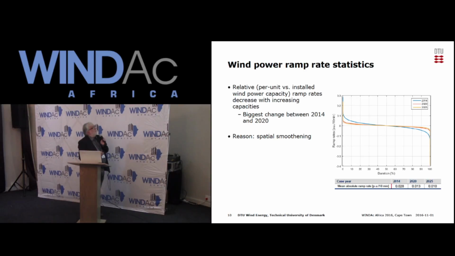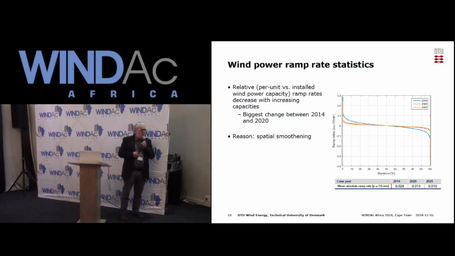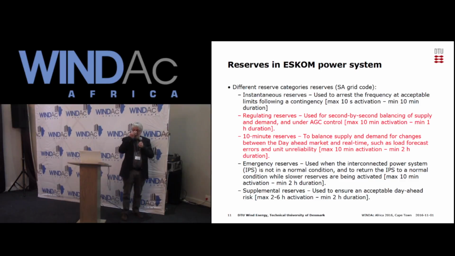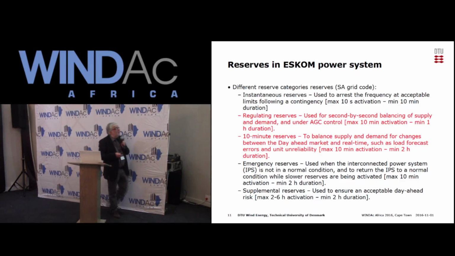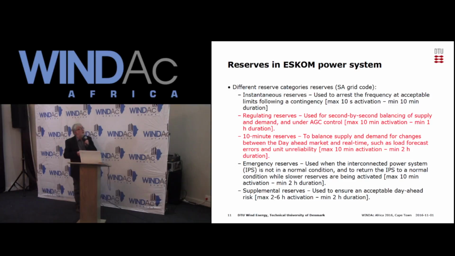So now we wanted to have a look into what this would actually mean to the use of reserves in the South African power system, the wind ramping here and the wind uncertainties. So together with Eskom, we were looking at what are the different categories, and Eskom has a very nice document telling these categories of reserves.